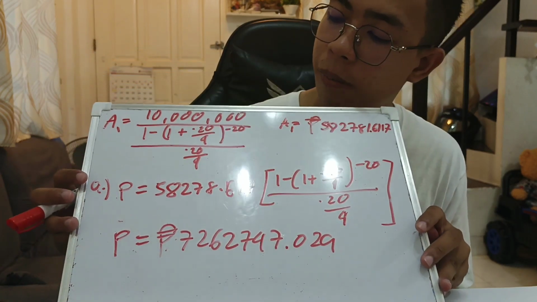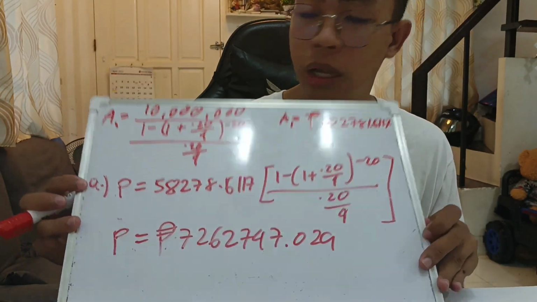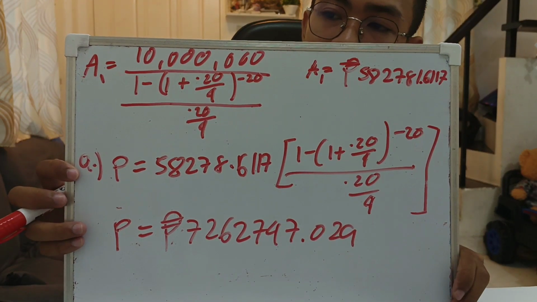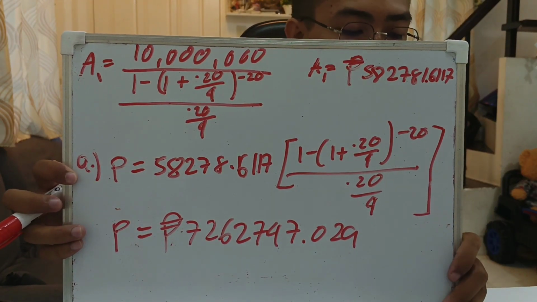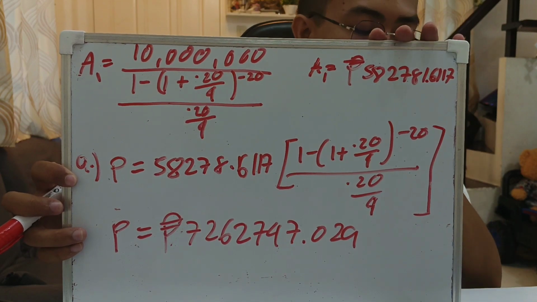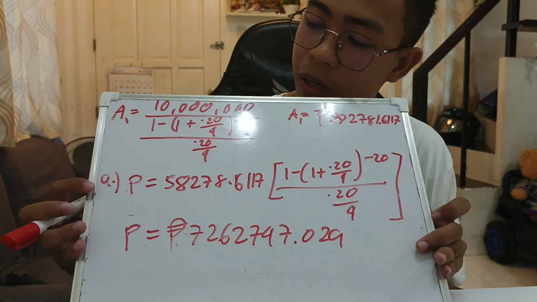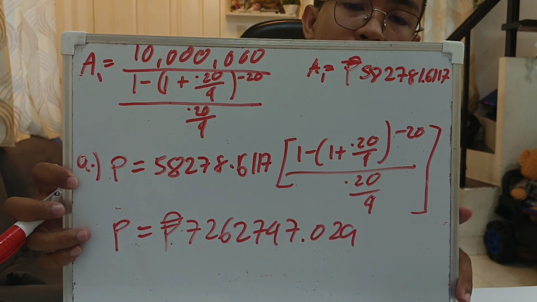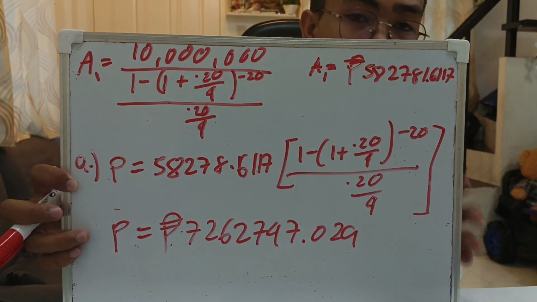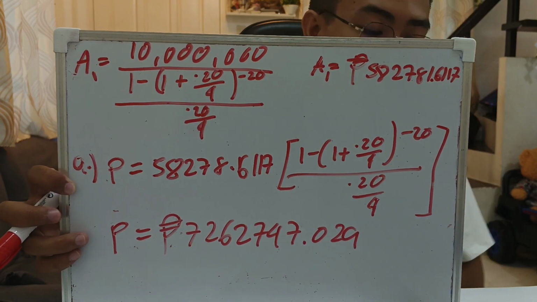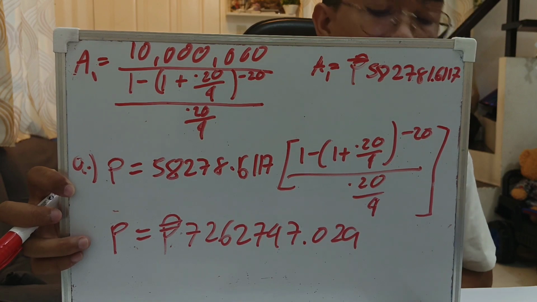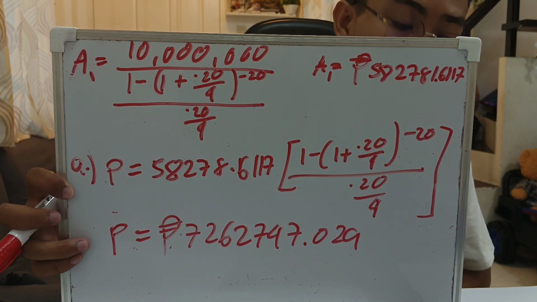So first, the first part of the equation would be the remaining balance. So the remaining balance P is equal to A1, or 582,781.6117, times the quantity of 1 plus 0.20 divided by 4, because it is compounded quarterly, to the power of negative 20 over 0.20 divided by 4.